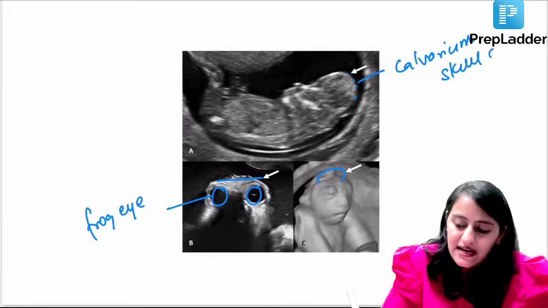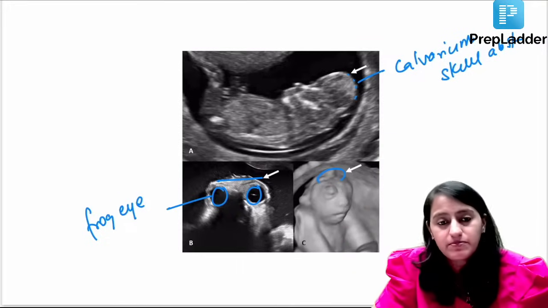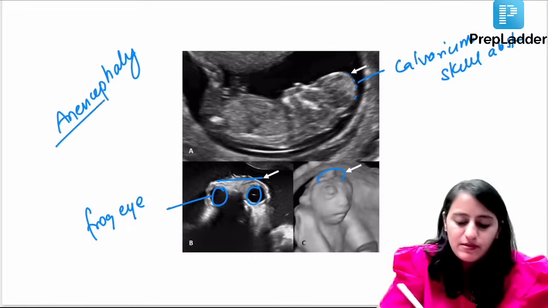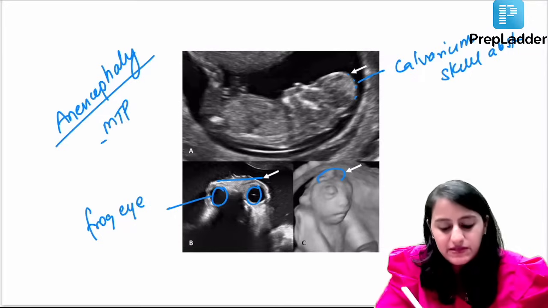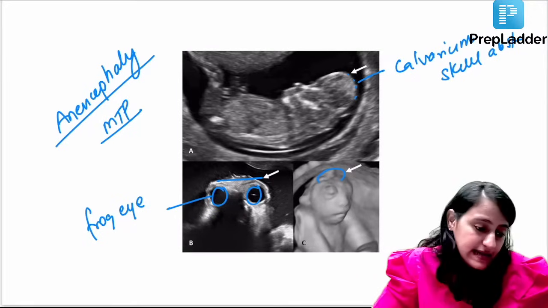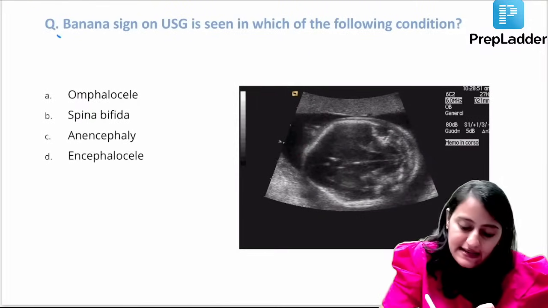The calvarium, the skull, is absent, brain is open, CSF goes out, polyhydramnios. This is anencephaly. Earliest anomaly to be identified on ultrasound at 10 to 11 weeks. Management has to be MTP. Folic acid will not help now, right? It is anencephaly. Correct.